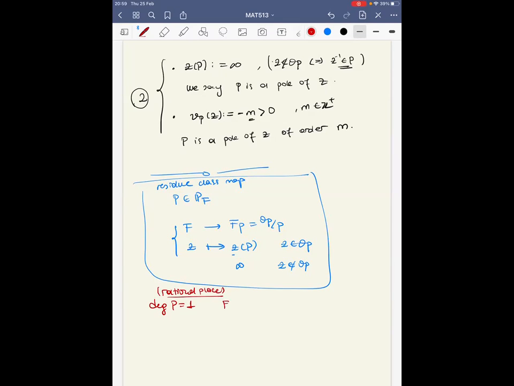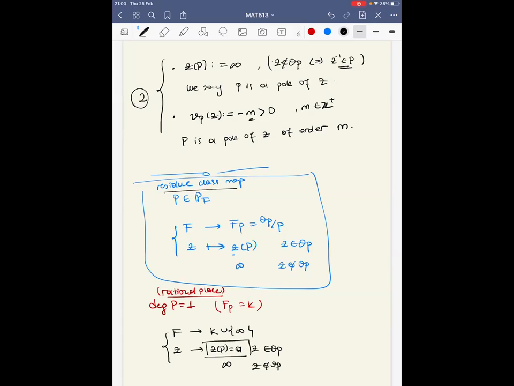By definition, it means that the residue class field is isomorphic to the base field K. In this case, if we apply the definition of the residue class map, we see that for all z in O_P, there exists a constant A in K such that the evaluation of z at P is A. And otherwise, again, we set the image as infinity.